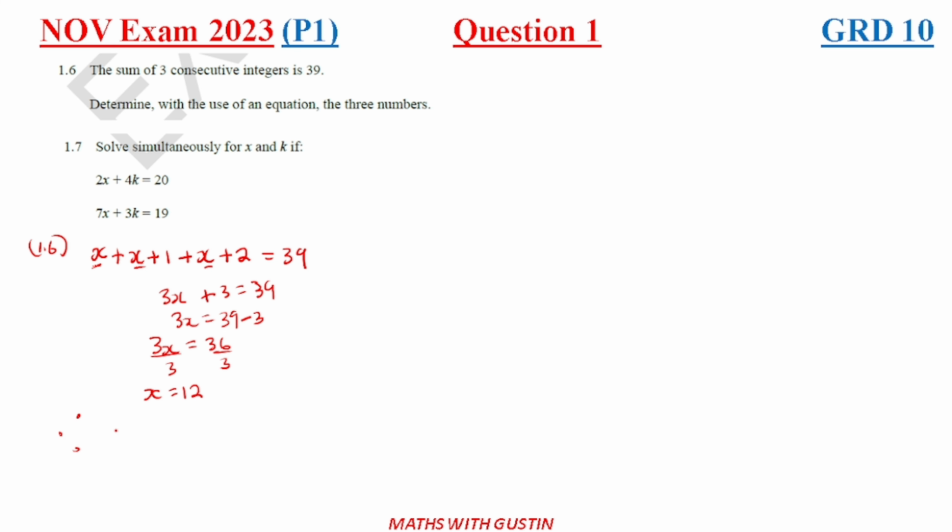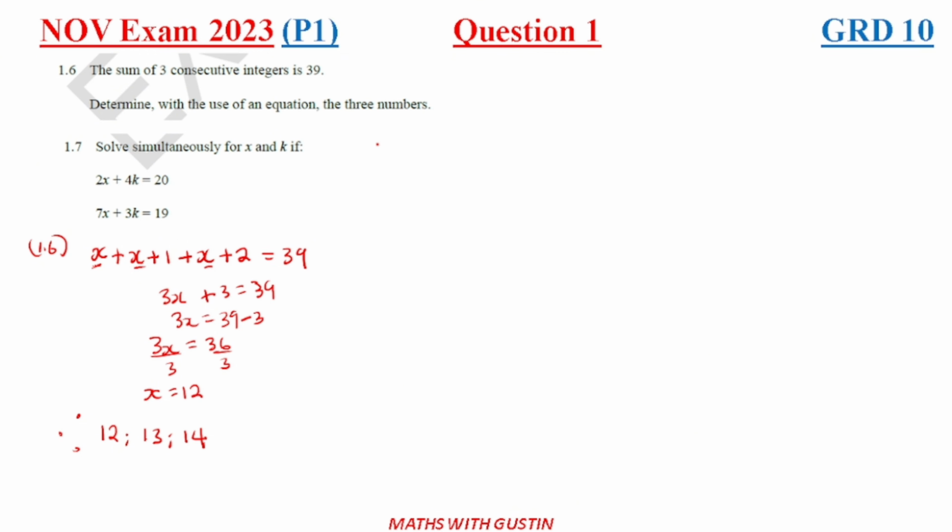The other number will be 12 plus 1, which is equal to 13, and the other number will be 12 plus 2, which is equal to 14. And those are your 3 consecutive integers. When you add them together, they must give you 39. Even if you add those numbers together, you will see, guys, that they give you 39. Therefore it means we are correct.